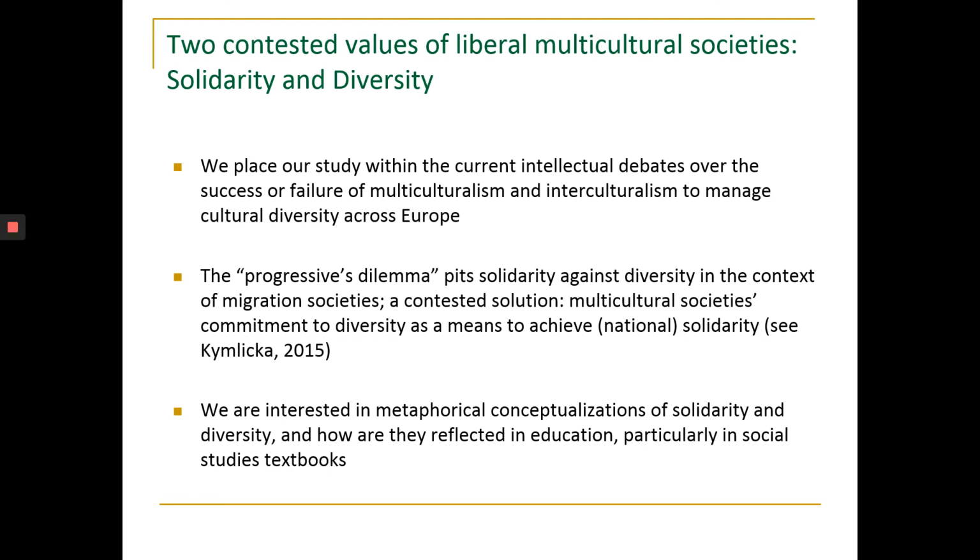In an article published in Comparative Migration Studies in 2015, Will Kymlicka proposed a solution to this dilemma. His solution advocated multicultural societies' commitment to diversity as a means to achieve solidarity. However, this is a contested solution that has generated heated debates among scholars.